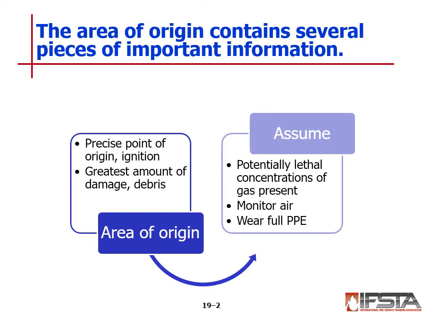So before we go into any of those areas, we want to make sure that somebody has come in with an air monitor to clear the air. Until that happens, we're going to wear full PPE, and as you remember, full PPE includes SCBA.